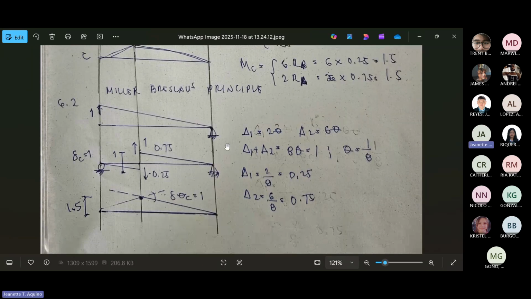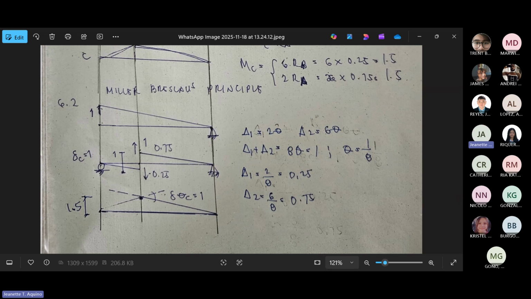for the shear, we remove the vertical restraint. Remove the capacity of the cross section to transmit the shear, but not the axial force.